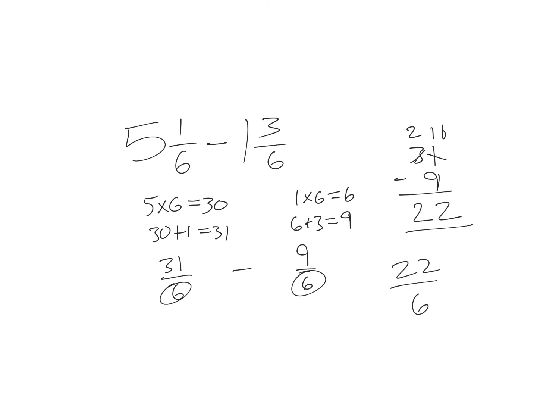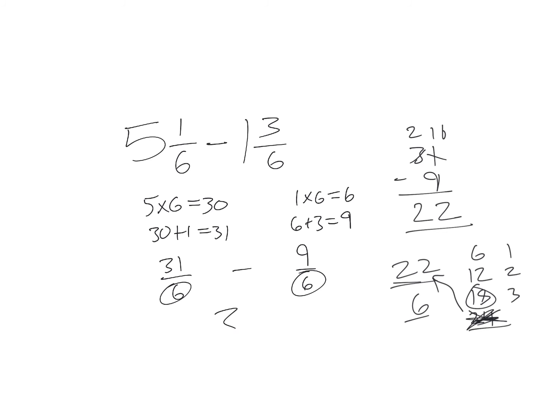And remember, the way that we do that is we count the multiples of 6, or the multiples of the denominator, until we get past the numerator. So we go 6, 12, 18, 24, and right there I've gone over my 22. So that's too much. I'm going to circle my 18 because it's the one right below it, and I'm going to count 1, 2, 3 multiples of 6.